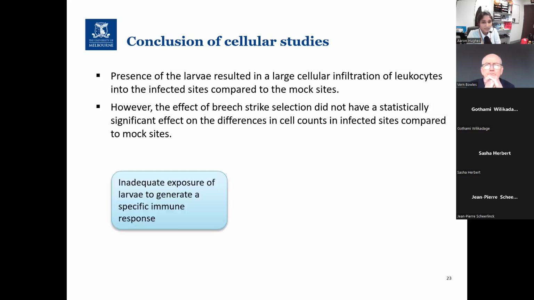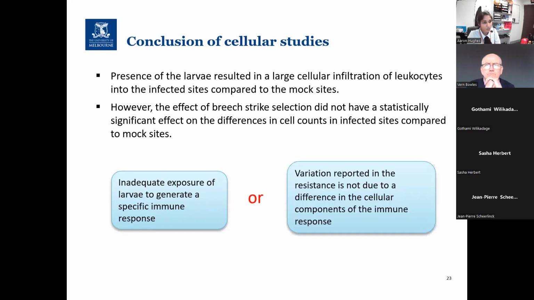So what does this mean? Either there was inadequate exposure of larvae to generate a specific immune response, or the variation reported in this resistance is not due to differences in the cellular component of the immune response.